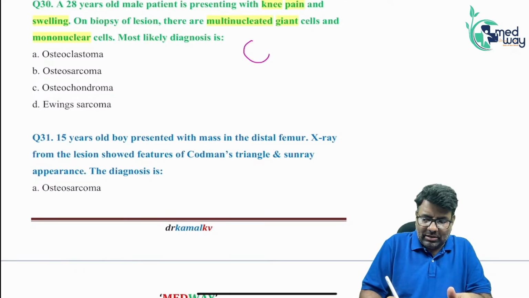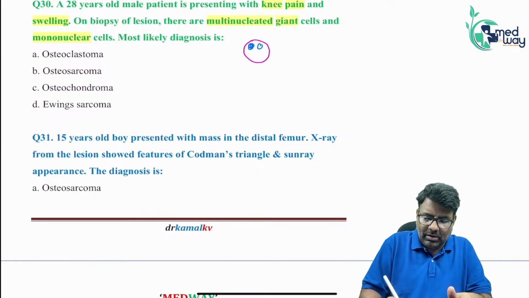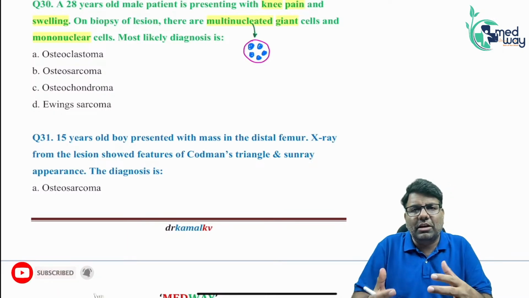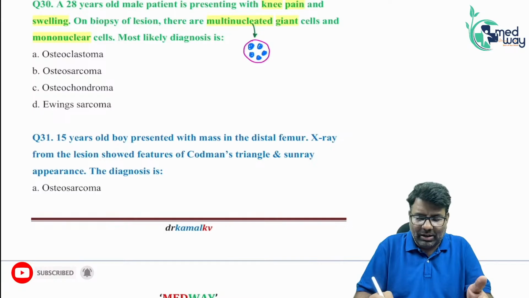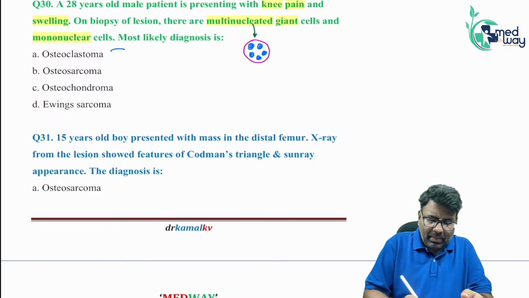So, suppose there is a cell and it is having multiple nuclei. So, multiple nuclei. This is multinucleated. Size is big, so we call it giant cell. So, multinucleated giant cell. And there are other cells which are mononuclear. It means they have a single nucleus.